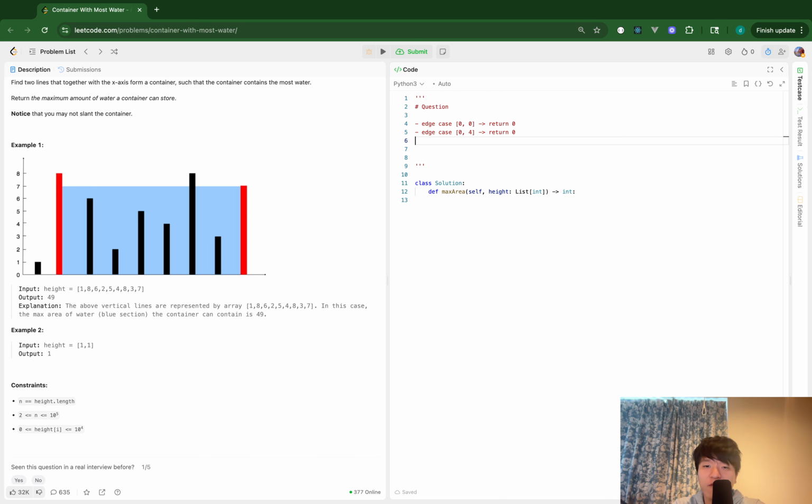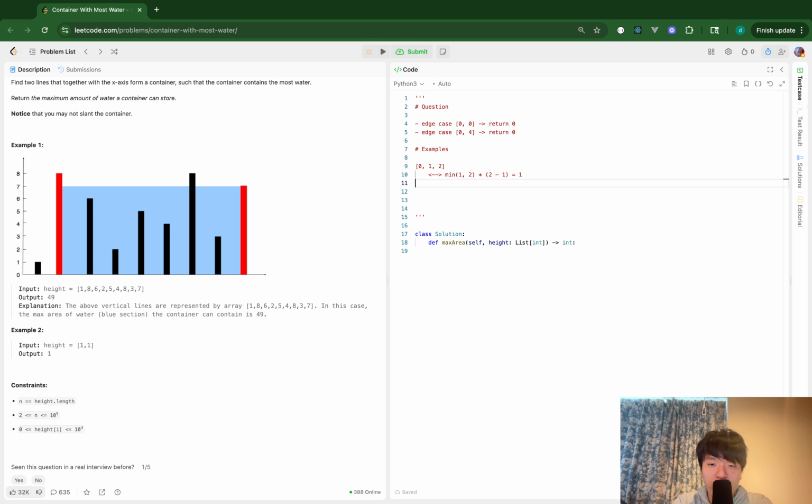But otherwise, for example, say I have [0, 1, 2]. In this case, between 1 and 2, I can store the maximum amount of water, which is min(1, 2) times (2 minus 1), which is 1.